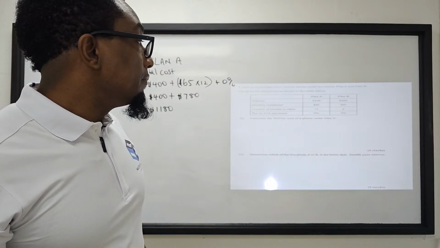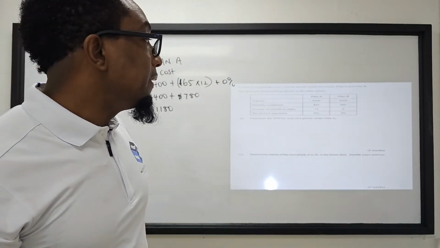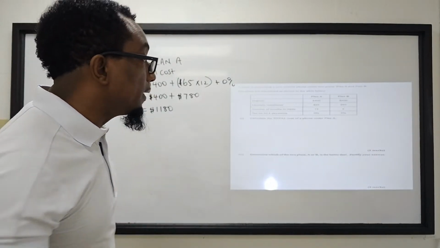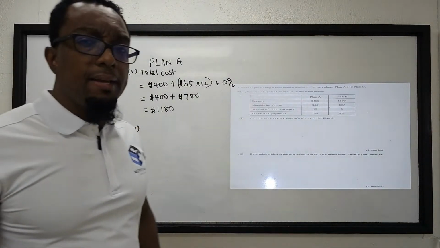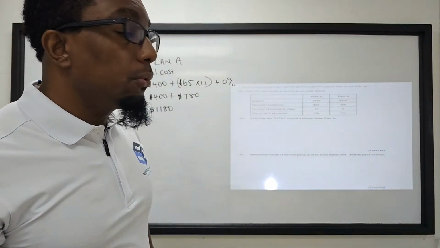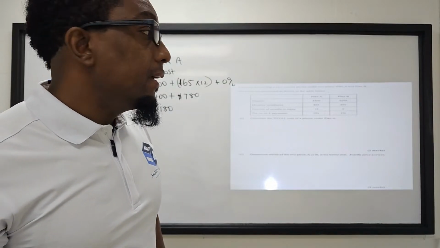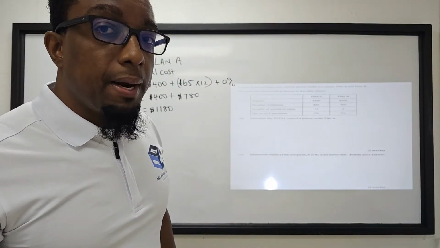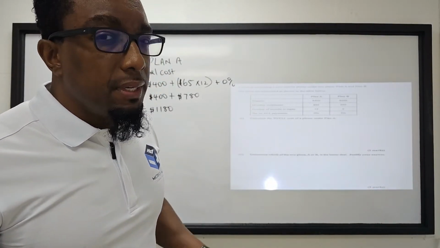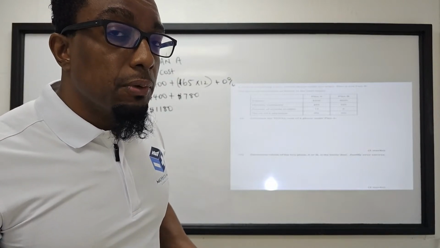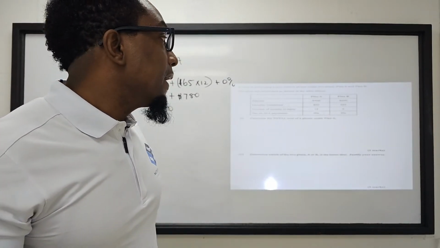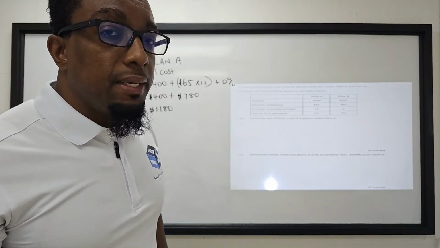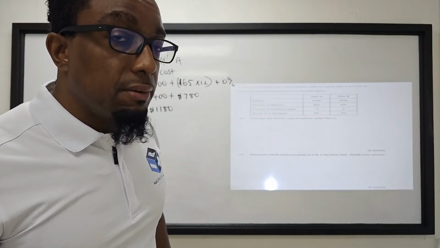Now, which of the two plans, A or B, is a better deal? Looking at part 2, justify our answer. So for us to justify, we need to determine the total cost under plan B, and we can make a comparison. Obviously, most persons will go with the cheaper plan. They consider that to be the better deal, and if that is the case, that's justification for your answer.